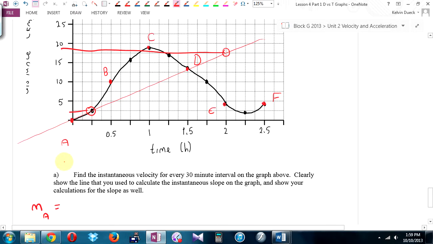what's each square worth? 2.5? Is that right? So it's going to be 1, 2, 3, 4, 5, 6 squares, 2.5 apiece. What's that?